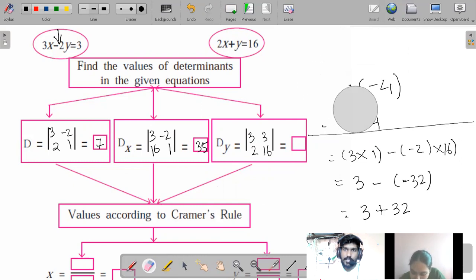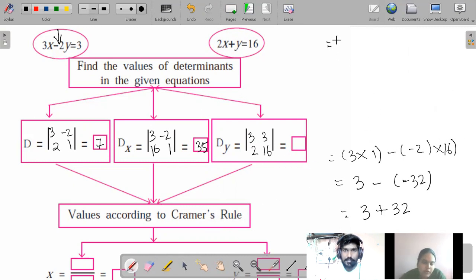Now can you tell me the determinant? Careful now, don't multiply. 42. 42 or 32, what is that? 6 3s are 48, 3 2s are 6. 48 minus 6, 42.